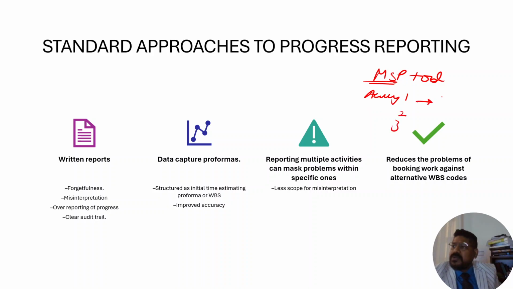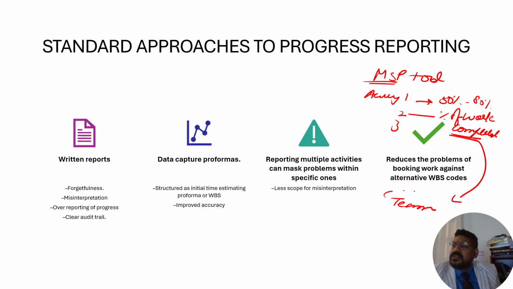You can measure the progress, 50%, 80%, like that. So you can mark how much percentage of work is completed, and you get this information from your team who is actually working on the job, the executors.